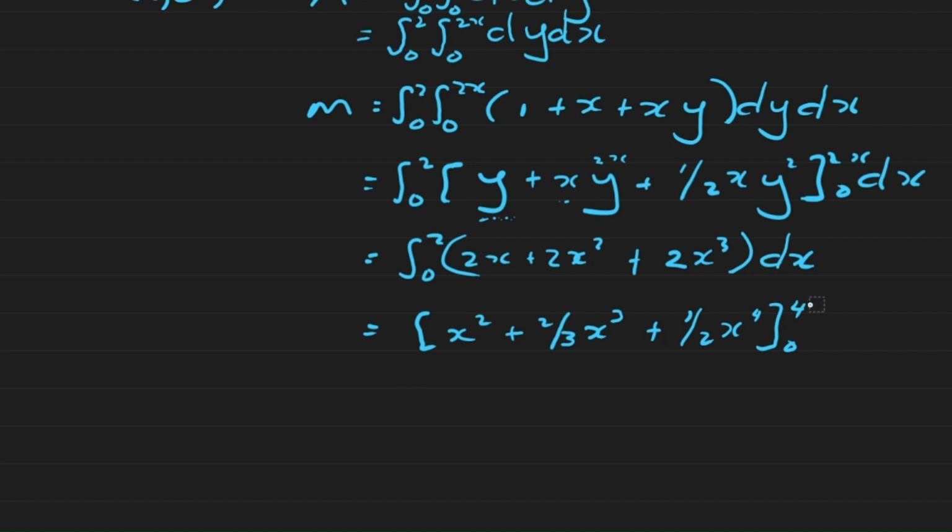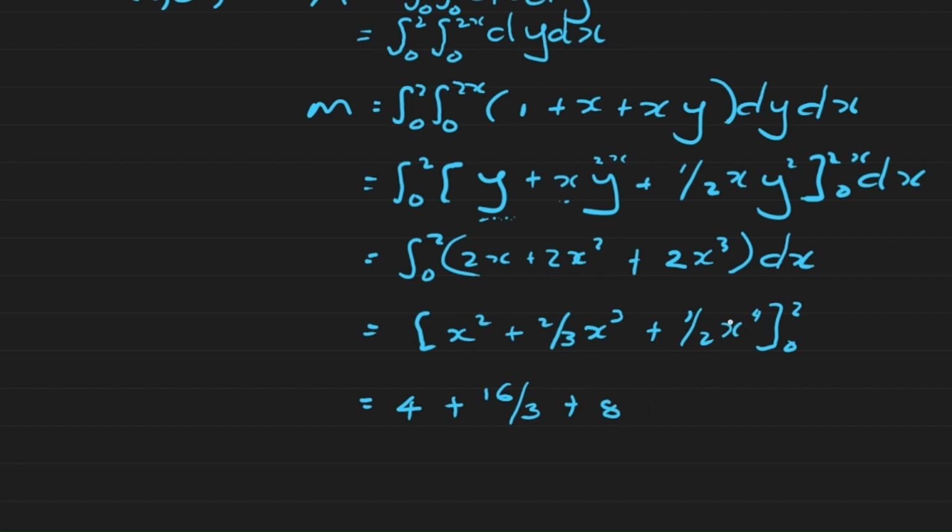Sorry, this integration boundary is 2. So all we do is we substitute in 2, and when we do that, we get 4 plus 16 over 3. This 2 cubed is 8, 8 times 2 is 16, and that's how we get 16 over 3, plus 8.